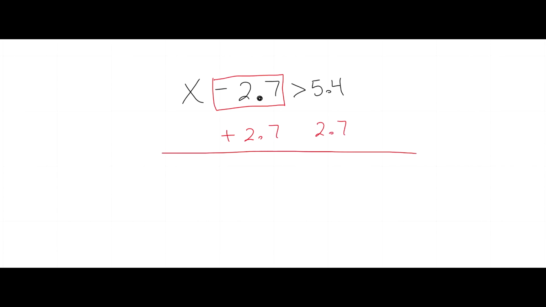Bring down the x, cancel out this one, bring down the sign, which is greater than, and here you're going to have the number 8.1. So therefore, your final answer is x is greater than 8.1.